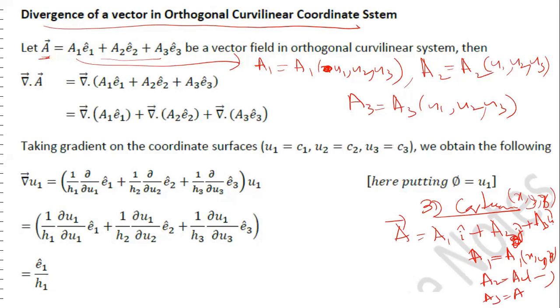Similar to that, instead of i, j, and k, you now have unit vectors e1, e2, and e3, and A1, A2, A3, which are functions of coordinate variables u1, u2, and u3. Now, when you take a divergence, that is del dot the vector A in this orthogonal curvilinear system, you have to take it like this. The del operator will operate on the first term, the second term, and the third term, like this.